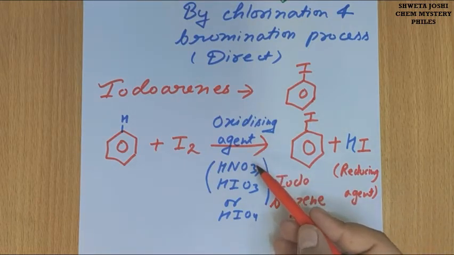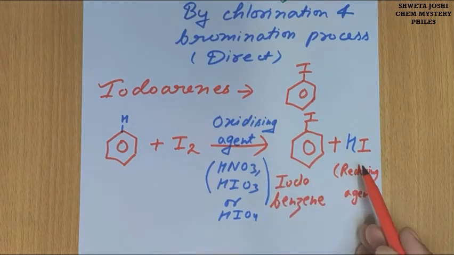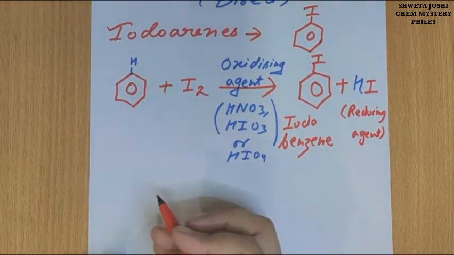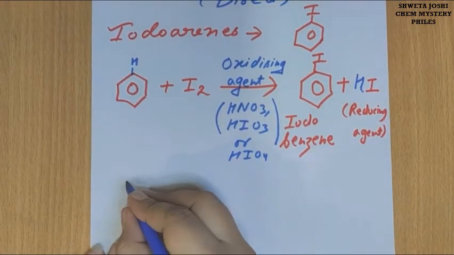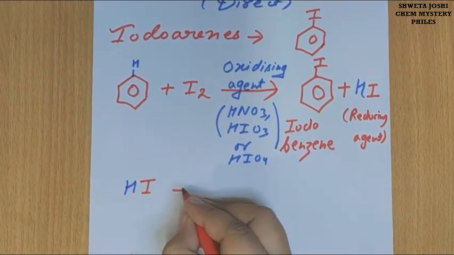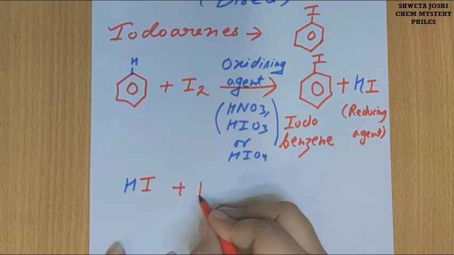Now what is the working of the oxidizing agent? The oxidizing agent removes this HI from the reaction and prevents the reversibility of the reaction. Now how is this HI removed? This HI reacts with any one oxidizing agent.